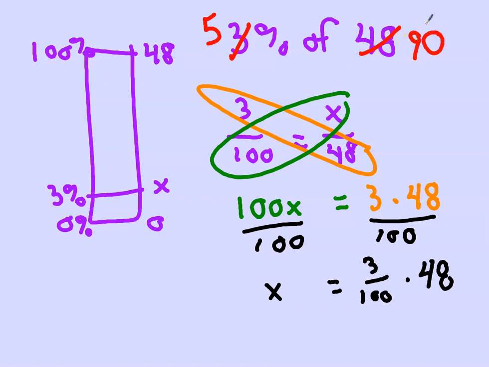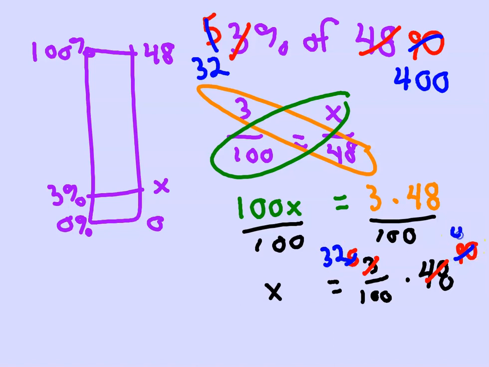Well, we would have done the same work, and we'd have a 5 here and a 90 there. Or if this had actually been 32% of 400, we'd have done the same math, and we'd have 32 times 400. Well, what you're doing here is every time you're taking your percent and dividing it by 100, making it into a decimal, and then multiplying by whatever number you're supposed to find the percentage of.